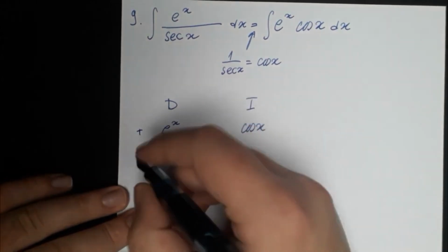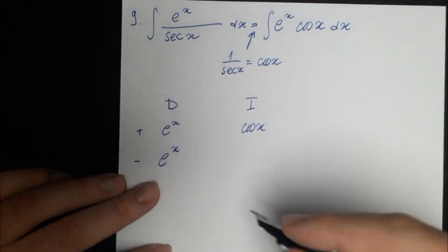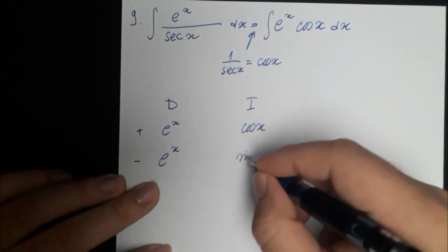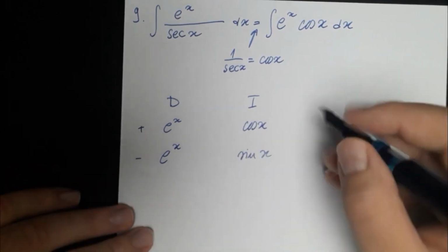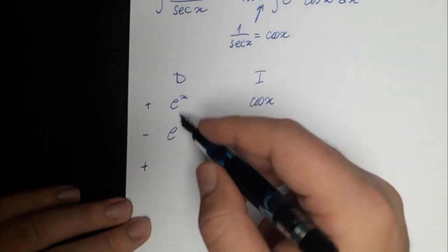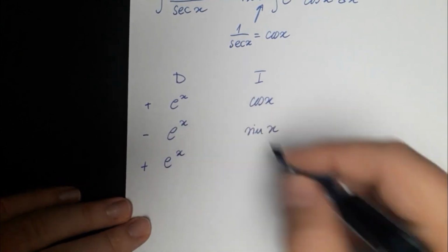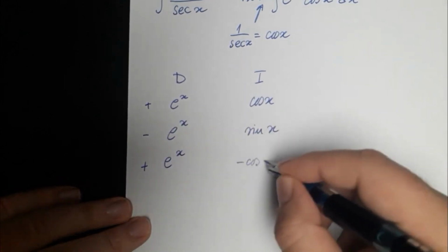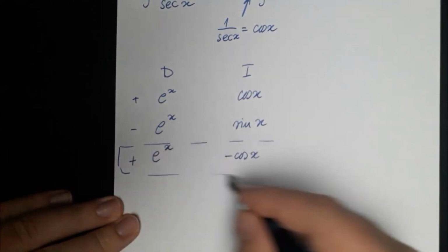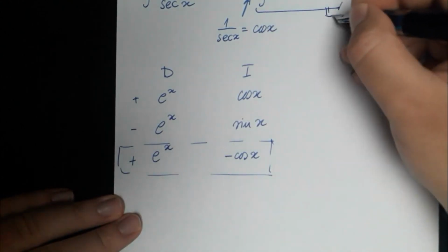So when we differentiate e to the power x, we are always going to get e to the power x. When we integrate cosine of x, we are going to get sine x. And the next one is going to be plus, of course the signs are alternating, e to the power x and negative cosine x. At this point we are going to stop because we have this integral repeating.